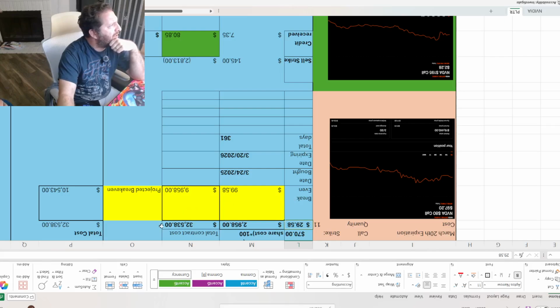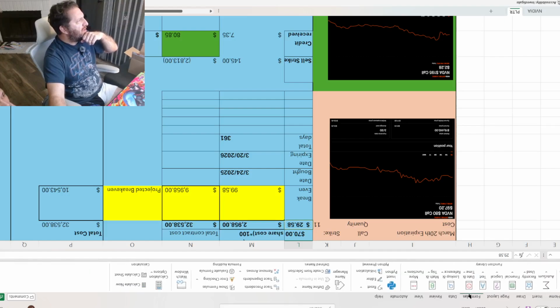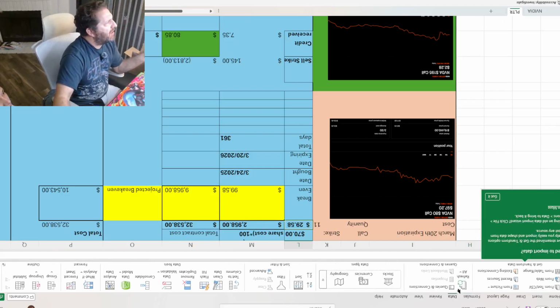Okay, so where's the graph? Where do you go for these? Data? Click on that. Oh, formulas? No, that's the formula to do. Data. It's got to be data. Insert. Go to Insert.